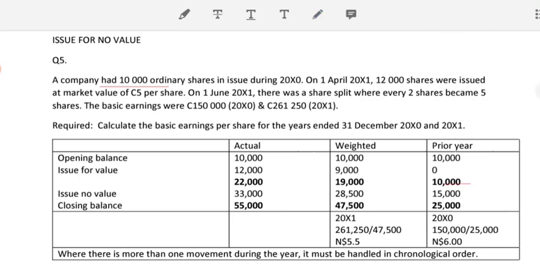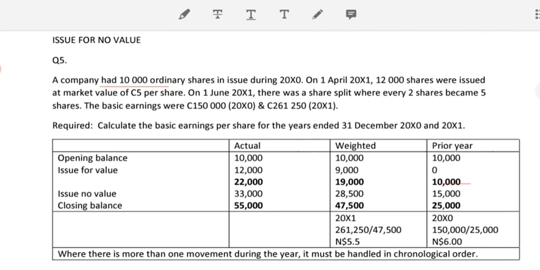Now we have an issue for no value, where on the 1st of June there was a share split where every 2 shares become 5. For every 2 shares we have in issue at that date, it becomes 5 shares, which means that if you have 2 shares, you get 3 shares for free on top of that.